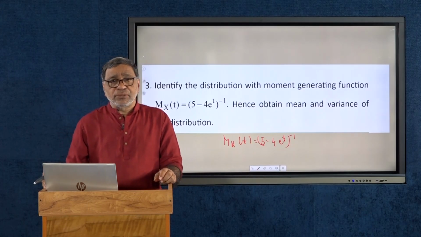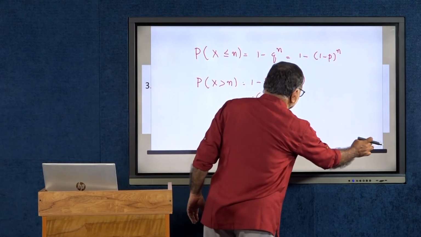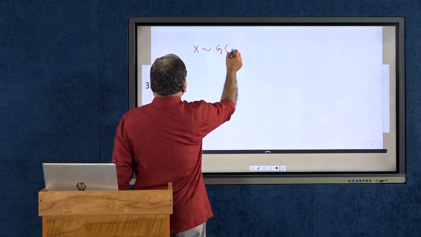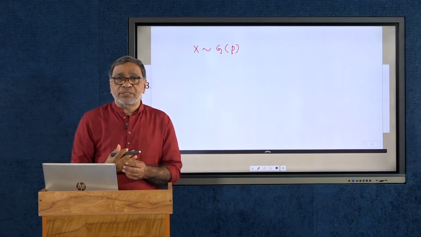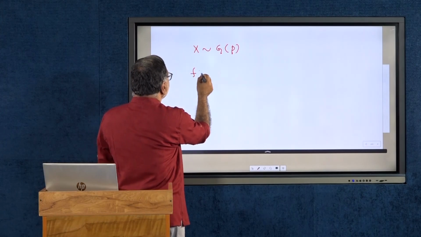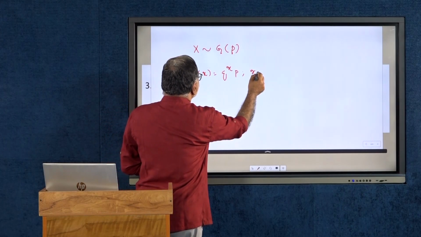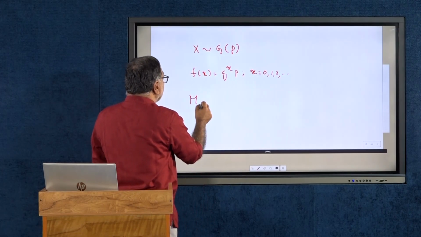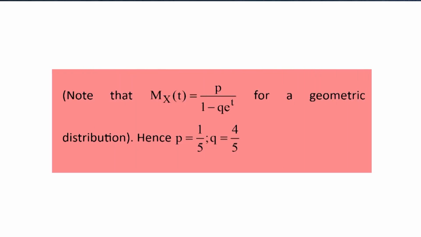Identifying the distribution means, suppose x is a geometric random variable with parameter p, and f of x is equal to q power x into p, in this form. We have already established that the moment generating function is M_x(t) equal to p divided by 1 minus q e power t.